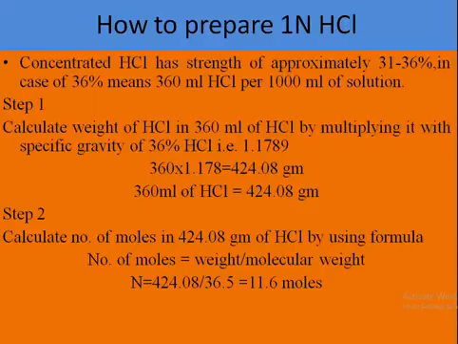So weight is equal to 424.08 divided by molecular weight of HCl, that is 36.5. We get the value of 11.6 moles, which is also equal to normality of the HCl. So normality of 36% HCl is equal to 11.6 normal.